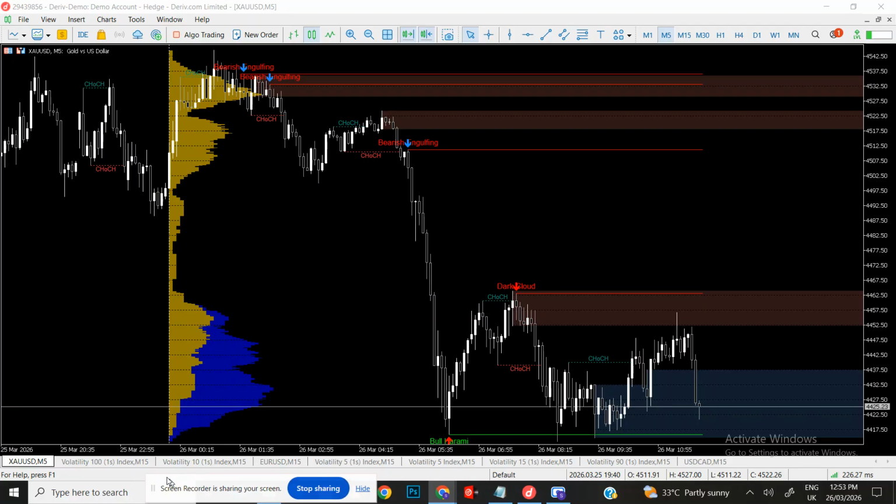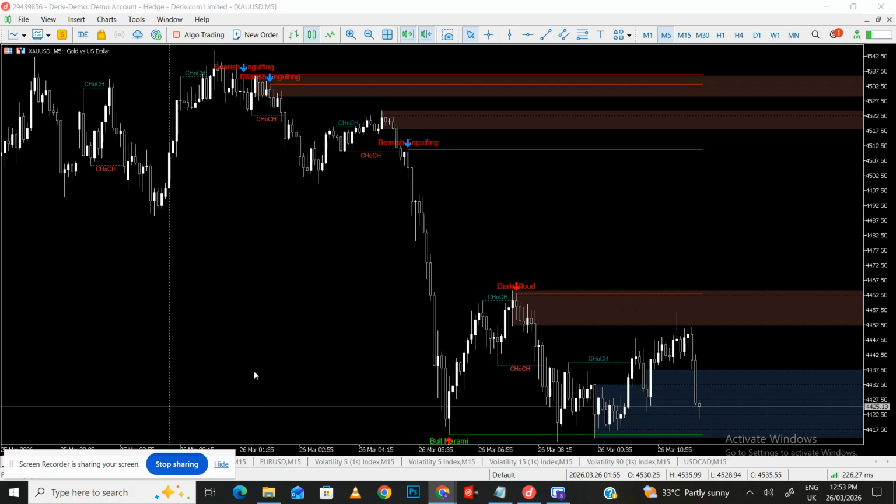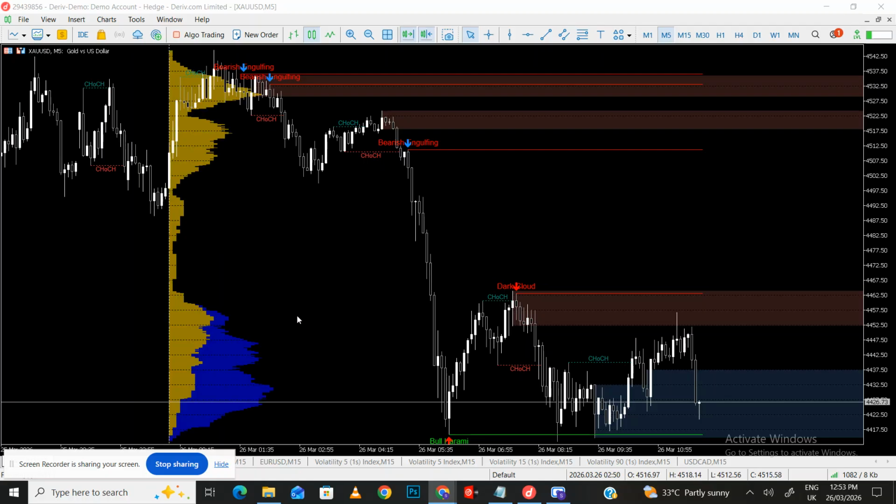I use it for only $3 billion to trade gold time. This indicator is profoundly accurate because it will tell you the high probability of where the market is going to reverse from, or where the market is going to change trend, as you can see on the chart right now.